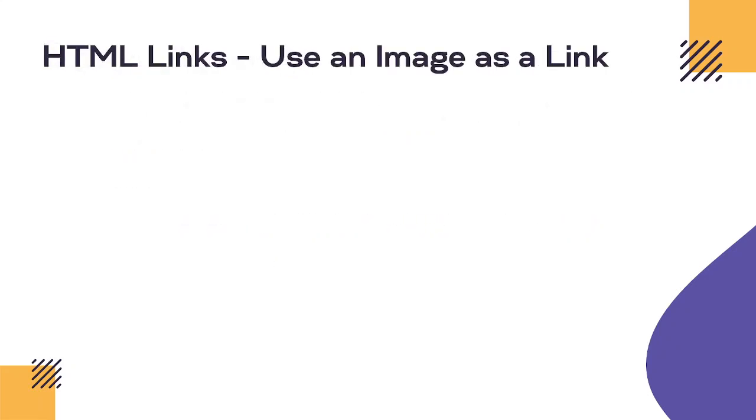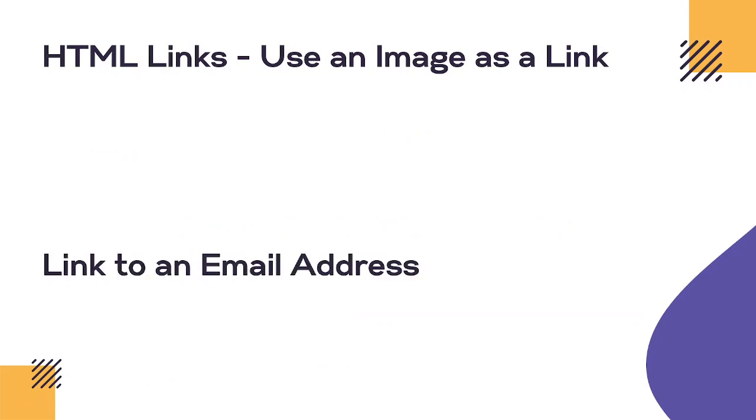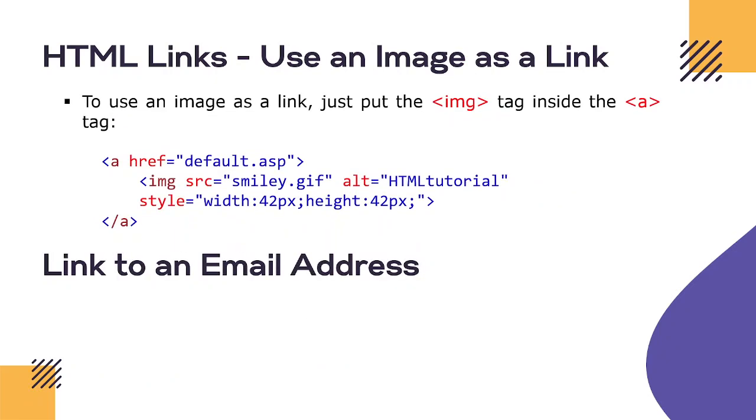Then this one, the HTML links: use an image as a link. To tag an image as a link, just put the img tag inside the a tag. Okay, a href default.asp.